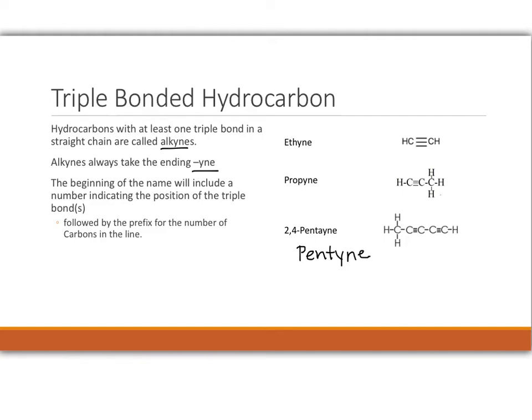And then this is numbered going left to right: 1, 2, 3, 4, 5. If you go right to left, you have 1, 2, 3, 4, 5. You can get smaller numbers going that way. So this should be 1,3 pentyne. Okay?